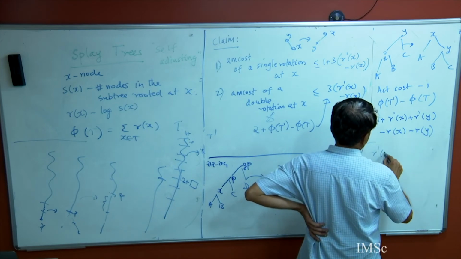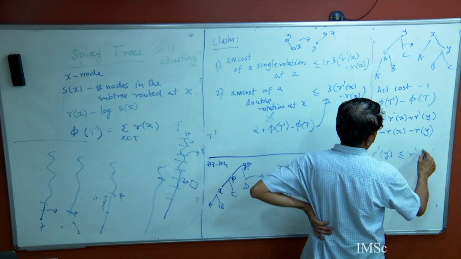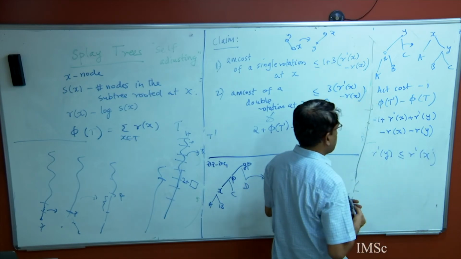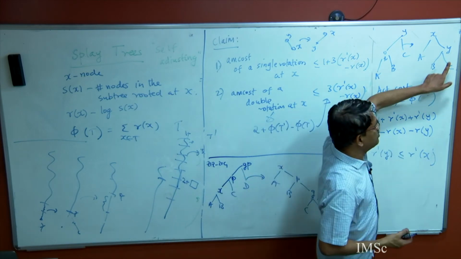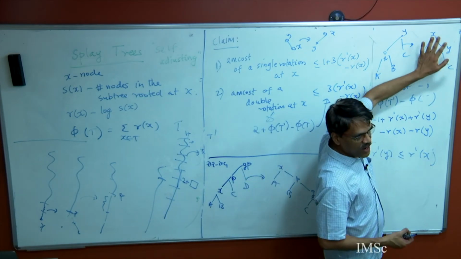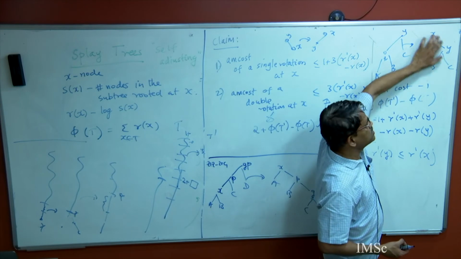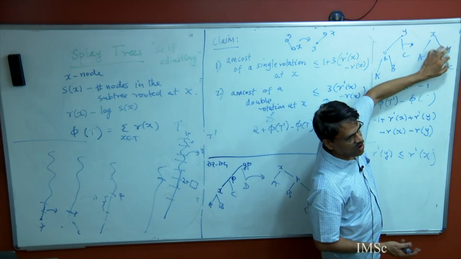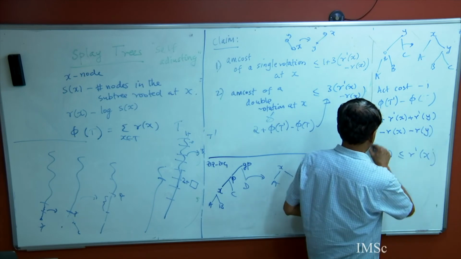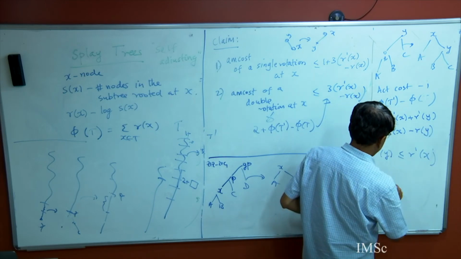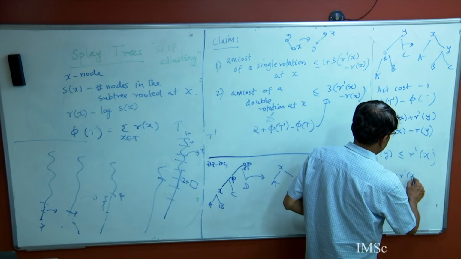R prime y is less than or equal to r prime x. Right? Because the rank of this node, r prime, is all happening here. Rank of this node is less than or equal to rank of this because it's all log of S of x, clearly. So this r prime y I can replace, so I can write this as less than or equal to 1 plus 2 r prime x.